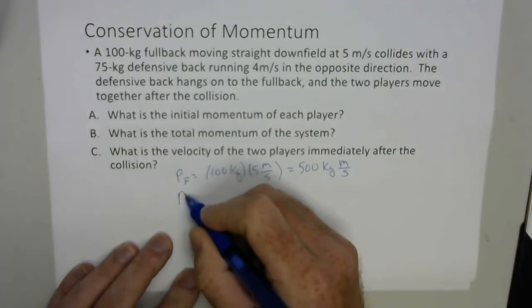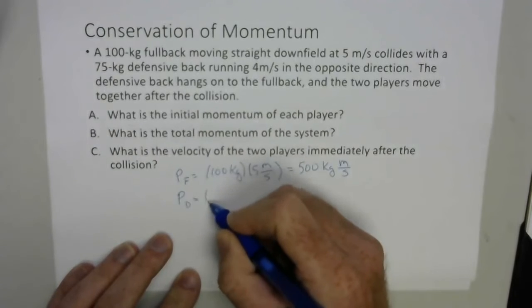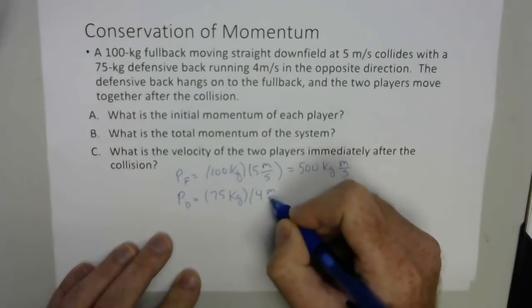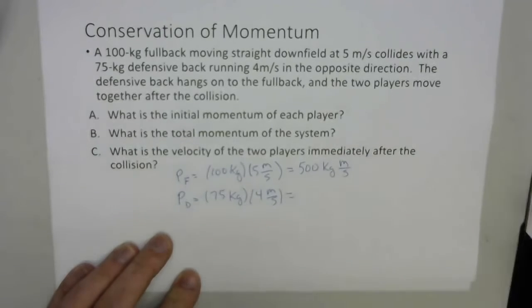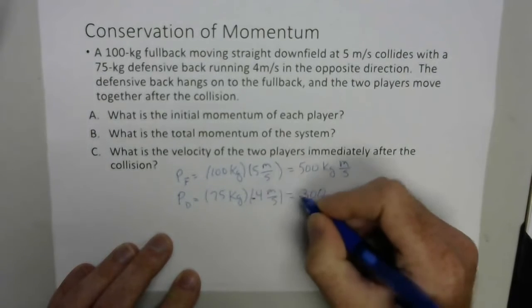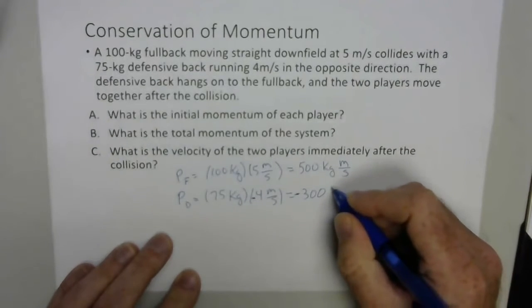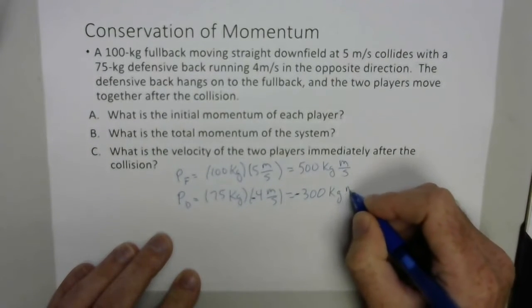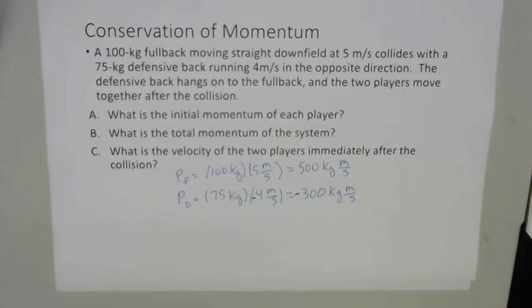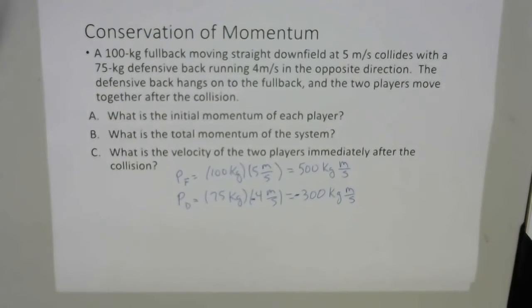And then for the defensive back, you've got 75 kilograms times 4 meters per second, which will give us 300. This will be negative as well, because it's acting in the opposite direction. Now the momentum of the fullback is bigger because he's running a little bit faster and is certainly heavier.